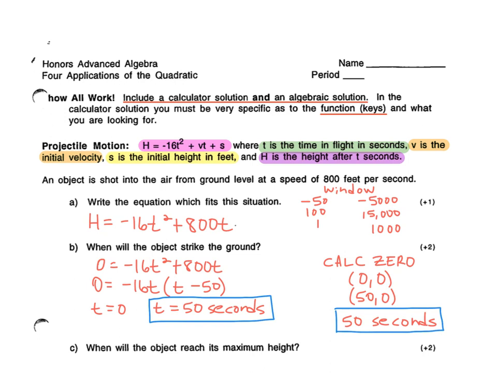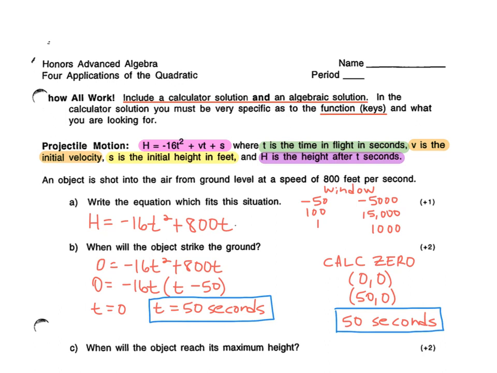So we get two answers algebraically: t is equal to 0 seconds and t is equal to 50 seconds. The one we're going to have as our final answer is t equals 50 seconds, because that's when the object, after it has been launched, is going to strike the ground, 50 seconds after it was launched.